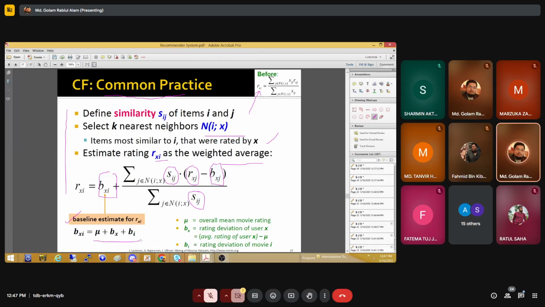Now, for the baseline estimation for r of xi, we can use this method. There is the mu. Mu is the overall mean movie rating.